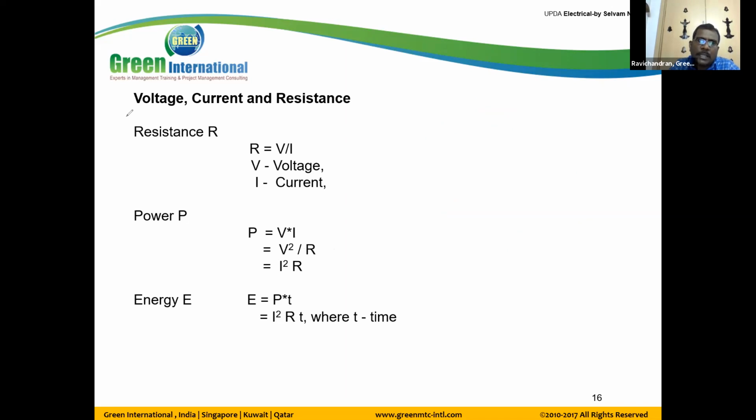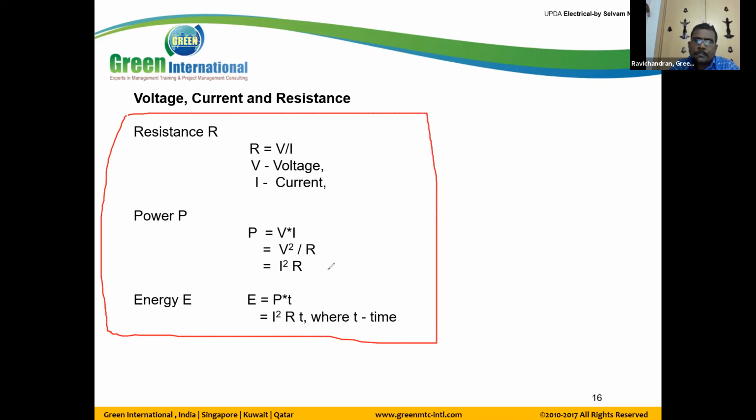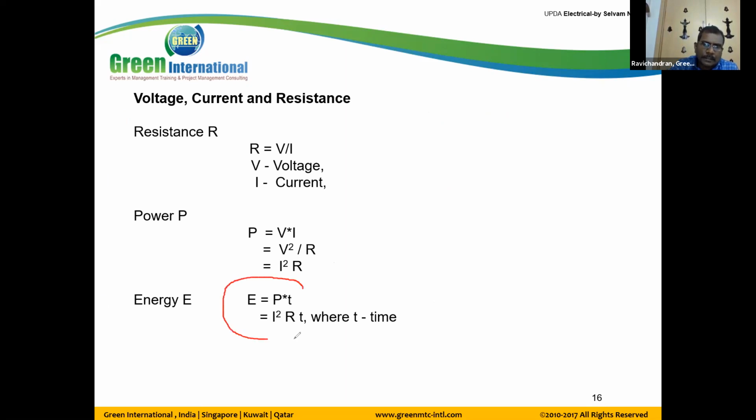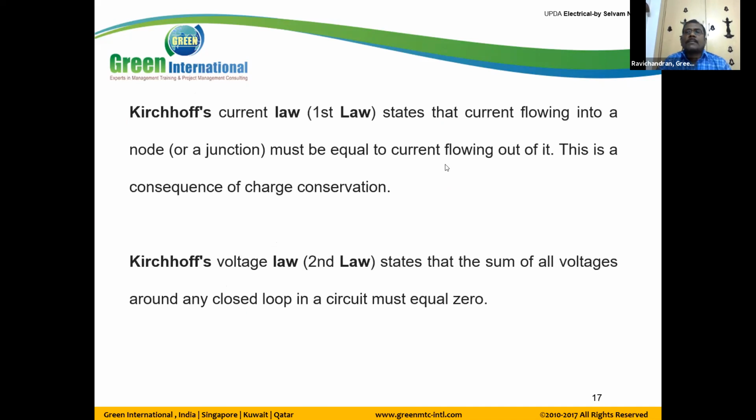Just remember these formulas. From these formulas, we have a few questions. Then we have Kirchhoff's voltage law and current law.